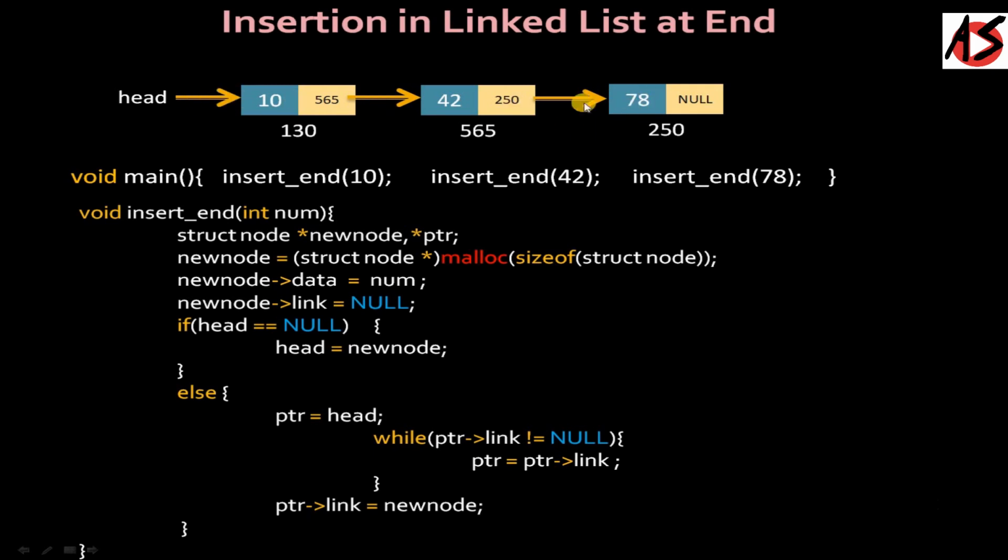We inserted the node at the starting position, then at the end of that node we inserted the second node, at the end of this node the third node, and so on. We are inserting the nodes one by one at the tail side or end side. That is what insertion in a linked list at the end is.